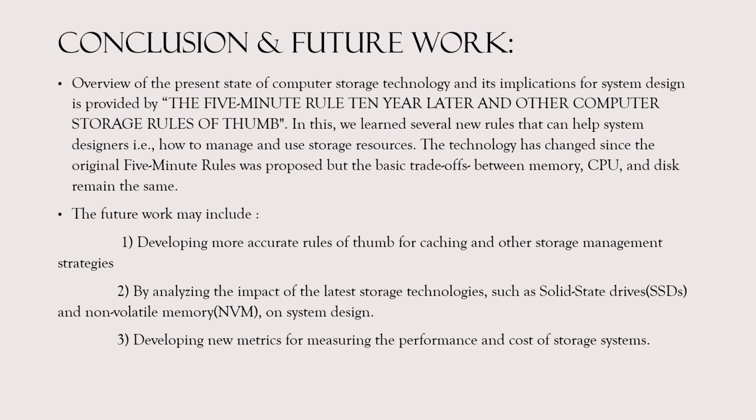The paper also concludes that new metrics like KaPS, MaPS, and SCANS are important for understanding the performance and cost of storage systems. These metrics provide a better view of system performance than traditional metrics such as IOPS and bytes. This is what I want to conclude and what I understand.